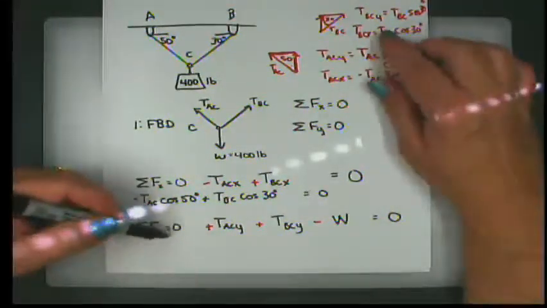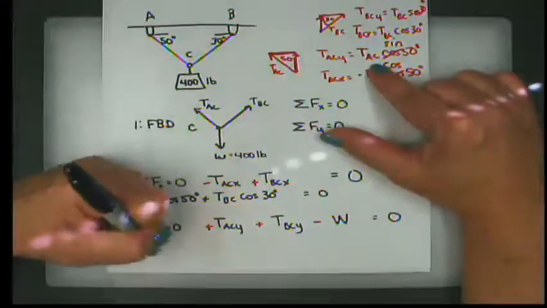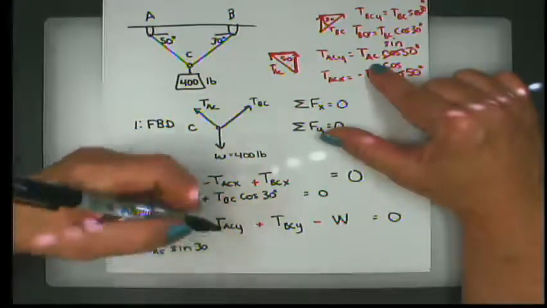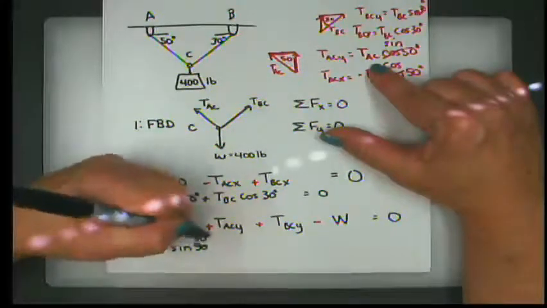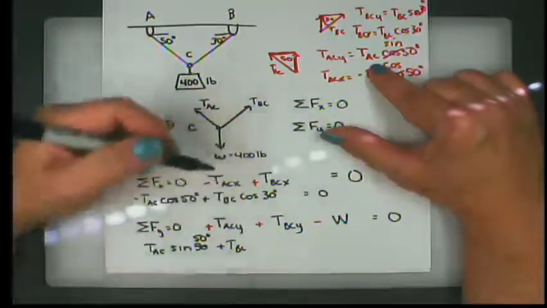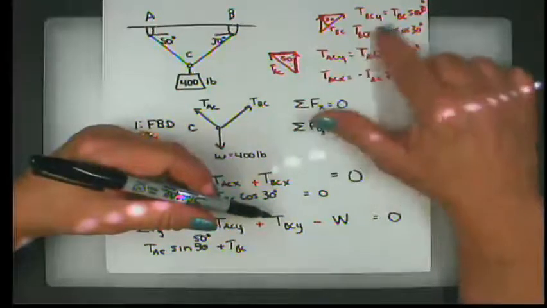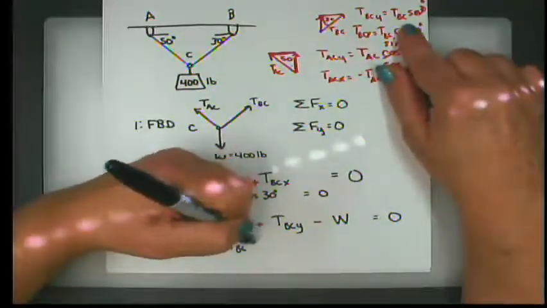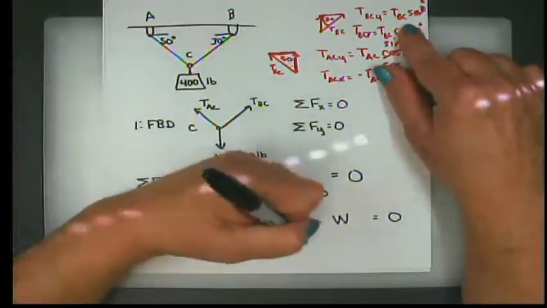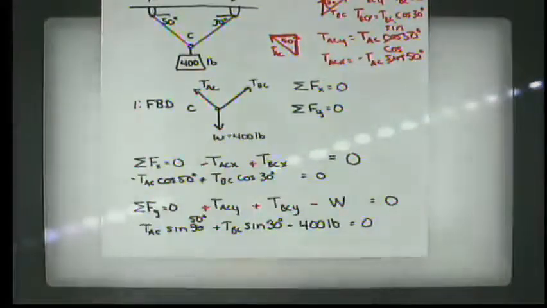In the y direction, TAC in the y direction is TAC times the sine of 50 degrees and TBC is TBC times the sine of 30 degrees, and I have minus the weight, which is 400 pounds, and those three things sum up to 0.